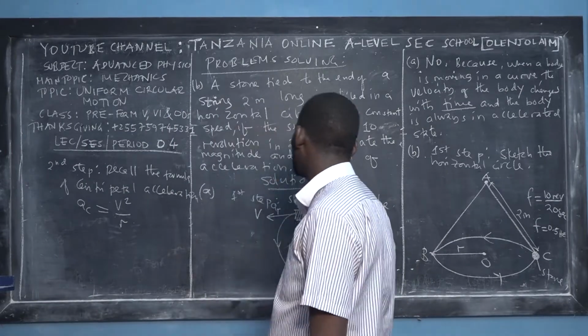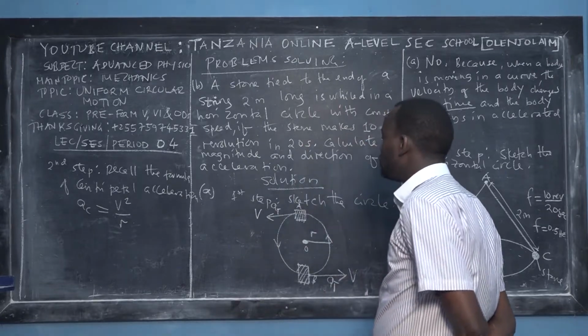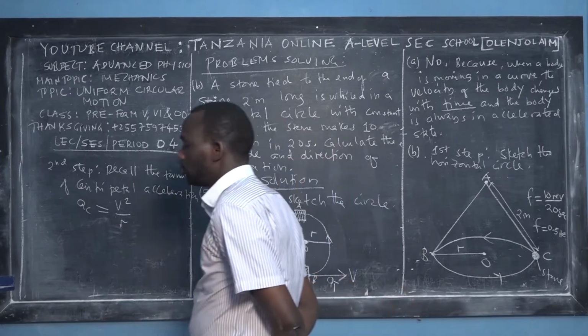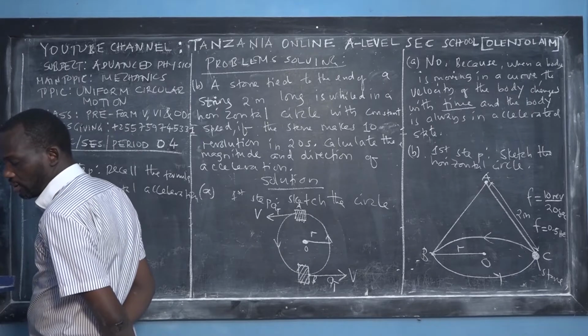And then we start thinking, what data are we given? Do we know the value of linear velocity? No, we don't know. So if we don't know, what should we do?